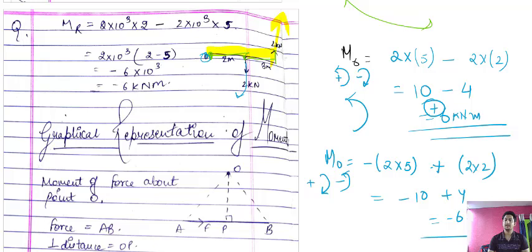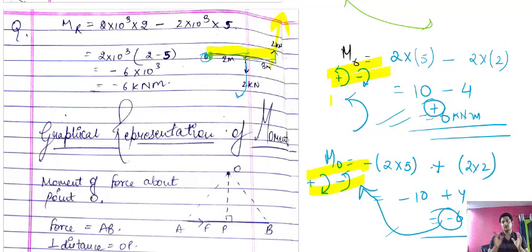Now it is coming negative. The negative sign shows that the resultant moment will be in anti-clockwise direction. So here also anti-clockwise, here also anti-clockwise. So you can assume the direction by yourself, and the answer will itself indicate it. If it is coming positive, then the direction will be that which you have assumed positive.